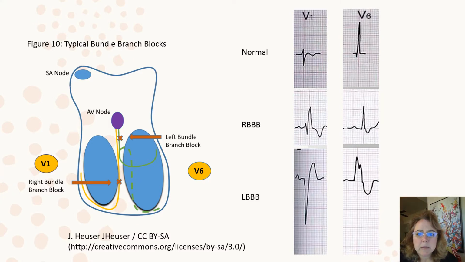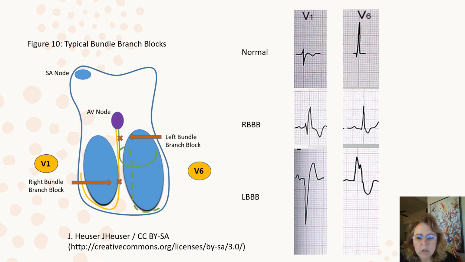Okay, so coming back to our picture here, and we just saw an EKG with a right bundle branch block. Now let's really focus in on the left bundle branch block. So the electricity has started down that left bundle, but it's run into an obstacle. And so what we see is a huge wide QRS that looks very different in both V1 and V6.